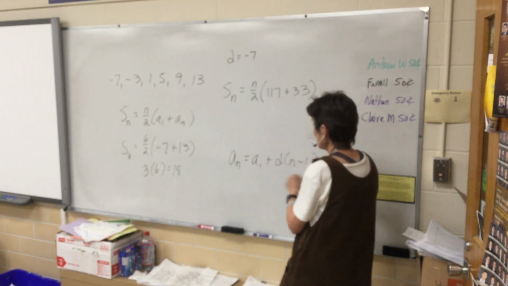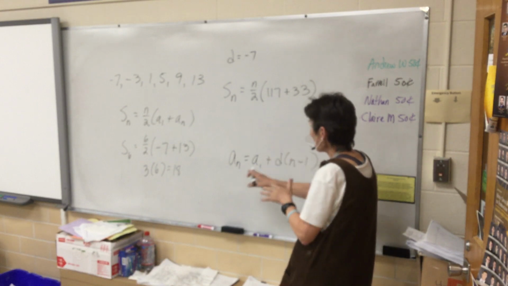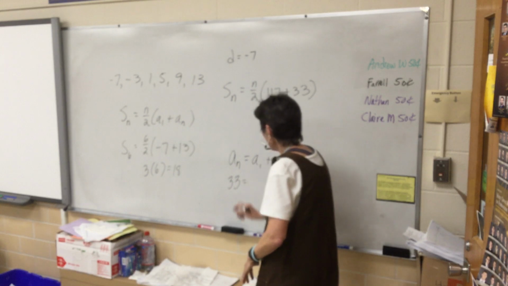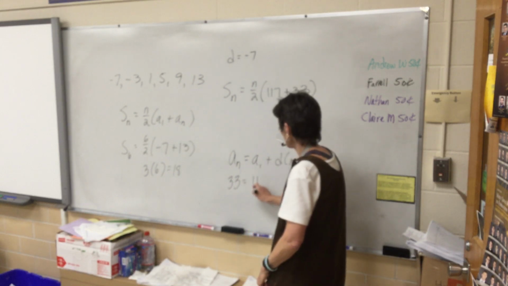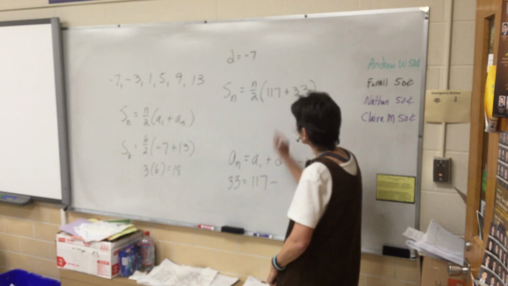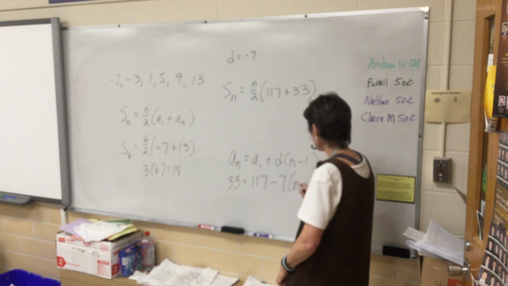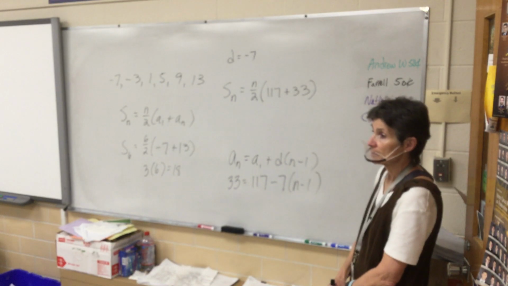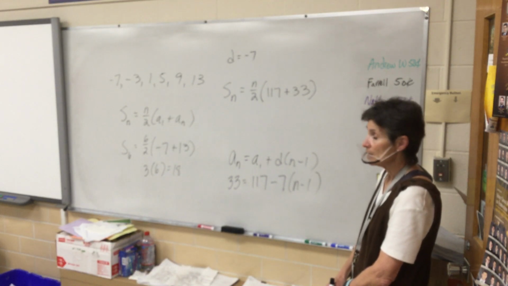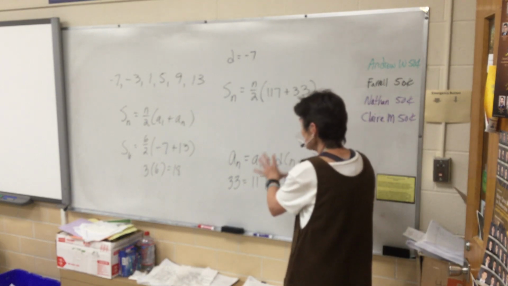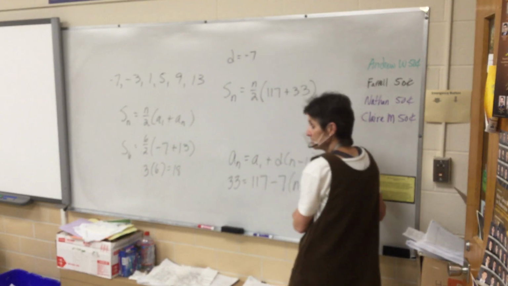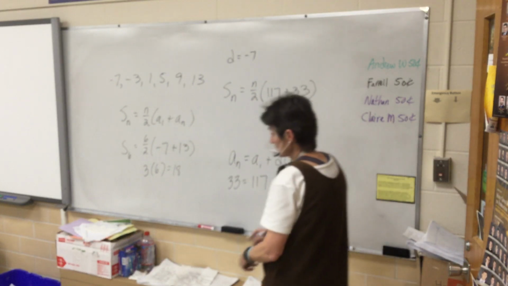This formula says that the last term, 33, has to equal the first term, 117, plus the common difference, which you already told me is -7, times n minus 1. So I know everything in that formula except n, and that's what I need in this one. So I'm going to solve this.